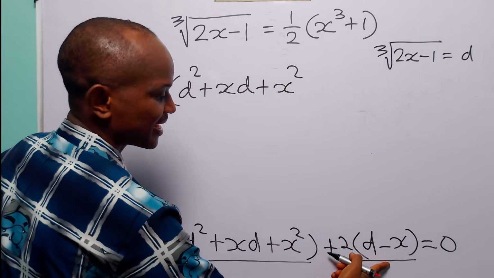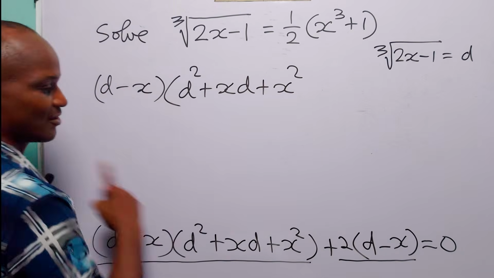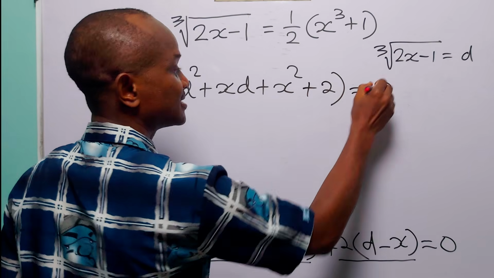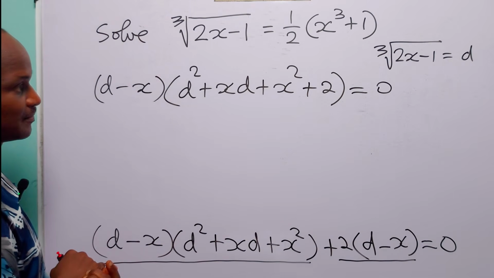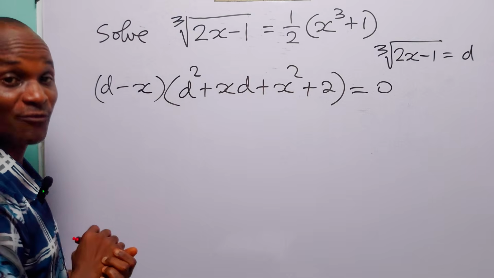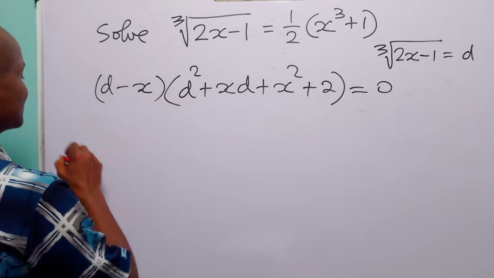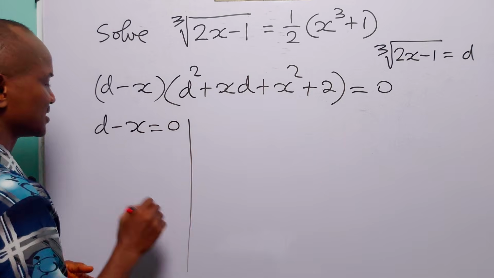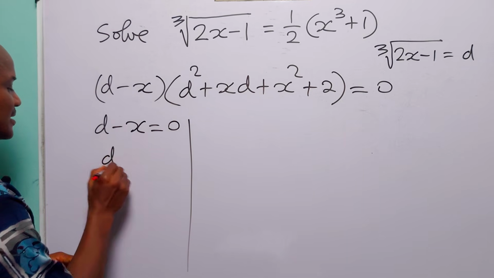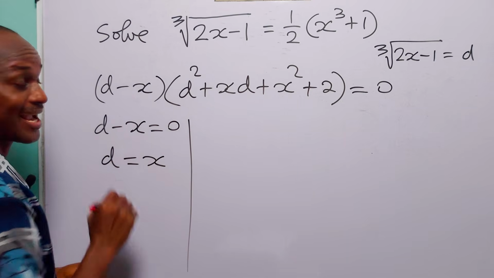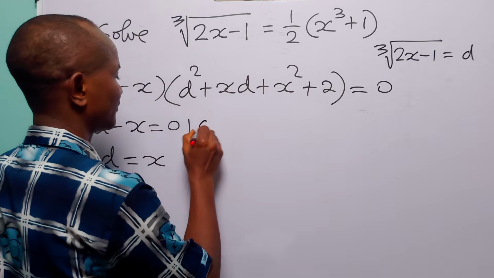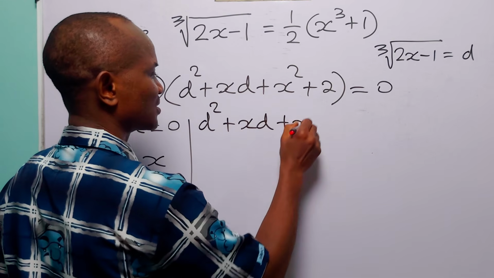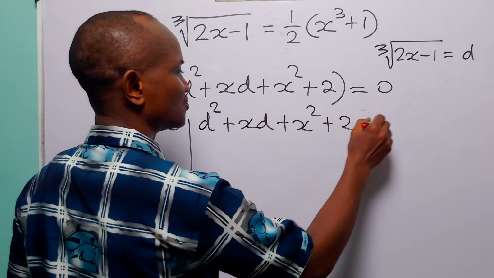And when we divide this second term by d minus x, we are left with plus 2, and this is equal to 0. And of course, from here, it's very easy to see that either d minus x is equal to 0 from where d is equal to x, or d squared plus xd plus x squared plus 2 is equal to 0.